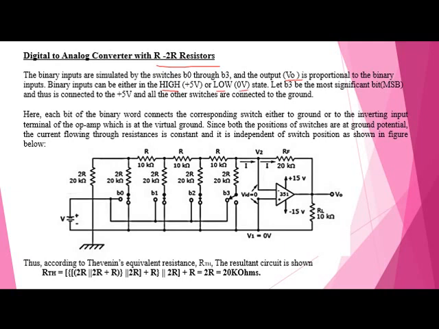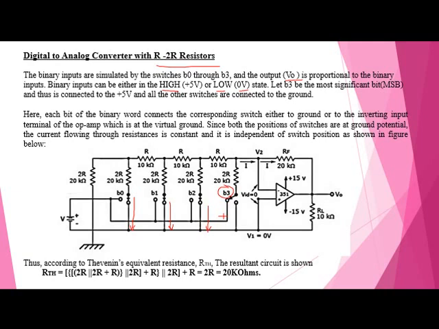Let B3 be the most significant bit, the MS bit, and it is connected to plus 5 volt, and all other switches are connected to ground. These other switches are directly connected to ground here. B2, B1, B0, all three switches are grounded.